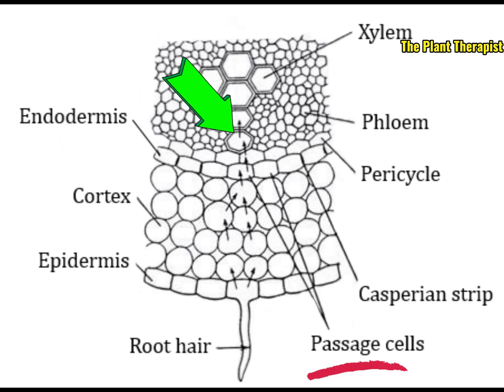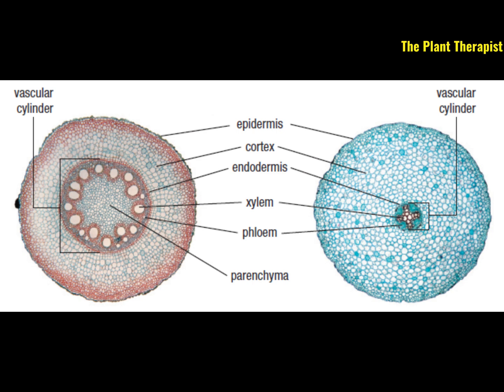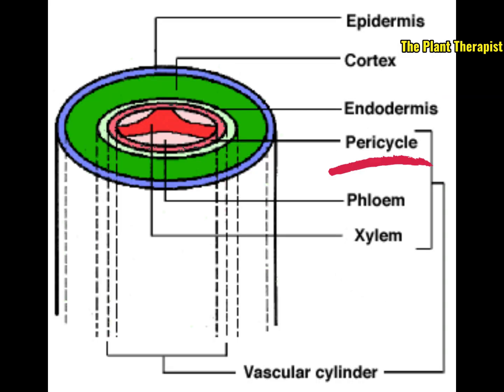An important tissue, collectively referred to as the vascular cylinder, lies inside the endodermis. Most of the cells of the vascular cylinder conduct water or food in solution. But lying directly against the inner boundary of the endodermis is an important layer of parenchymal tissue known as the pericycle.